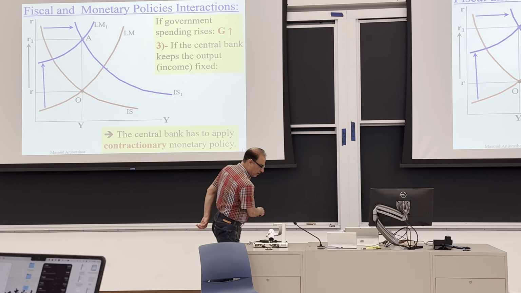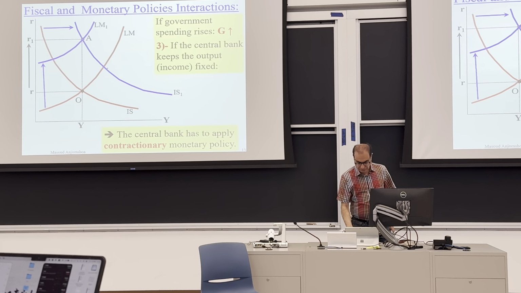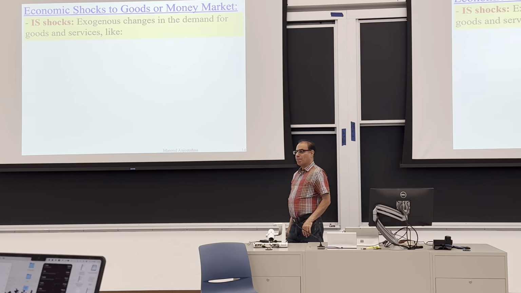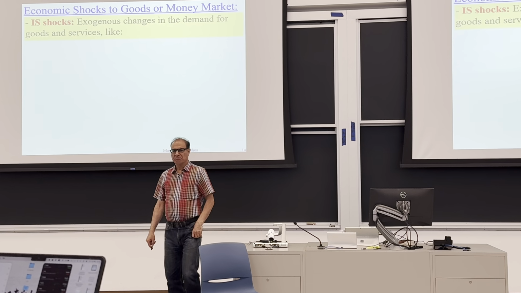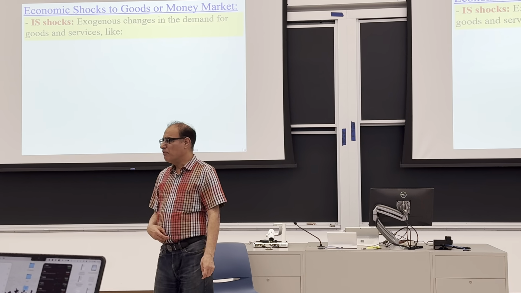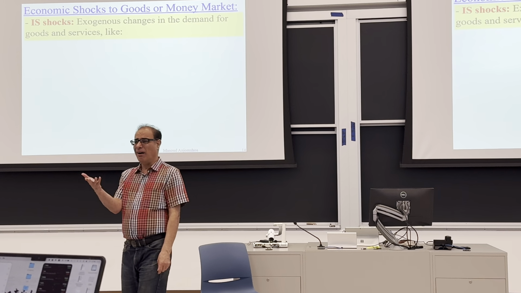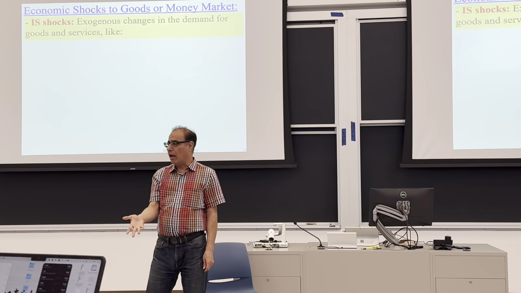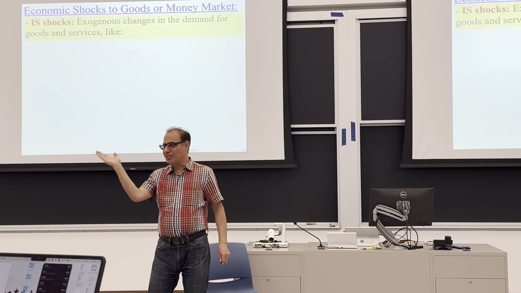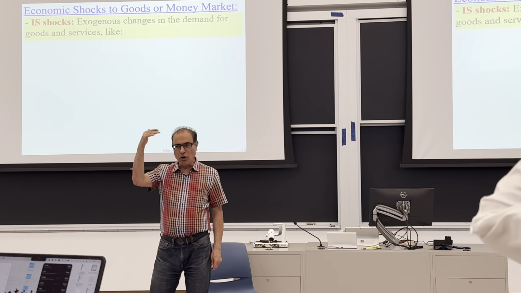Okay. So we talked about policies. Let's talk about shocks. Actually, shocks work the same way. Why do shocks work the same way? Because you remember IS goes to the right or left, LM goes up or down.